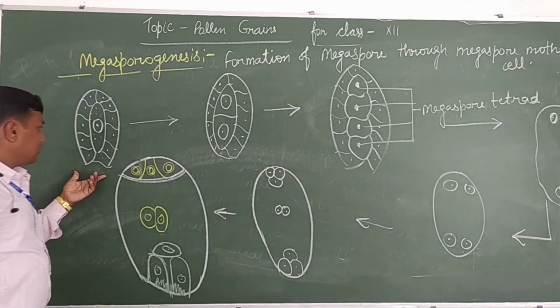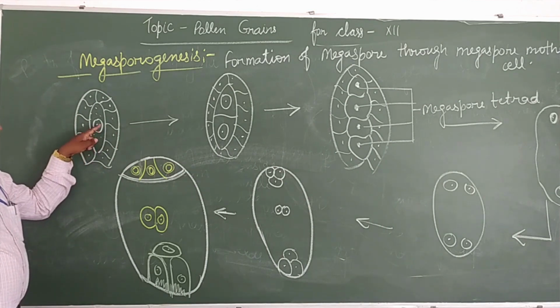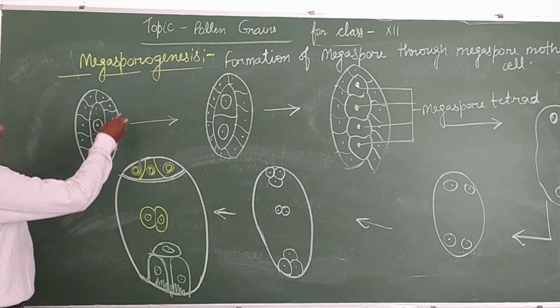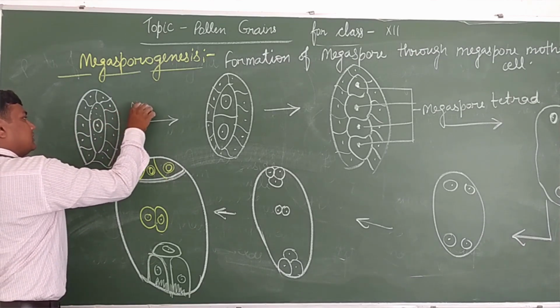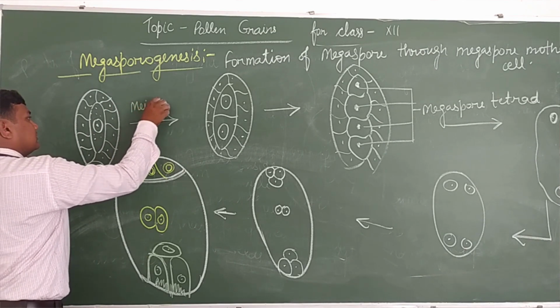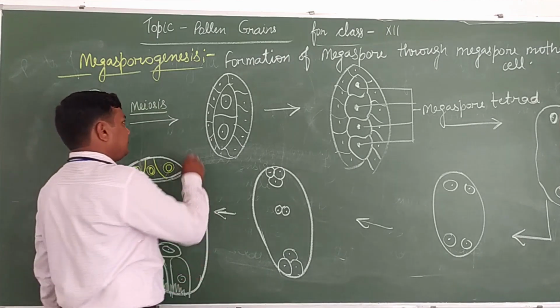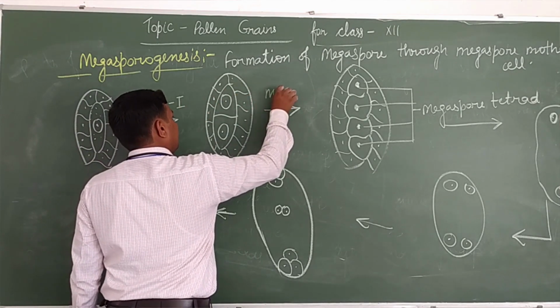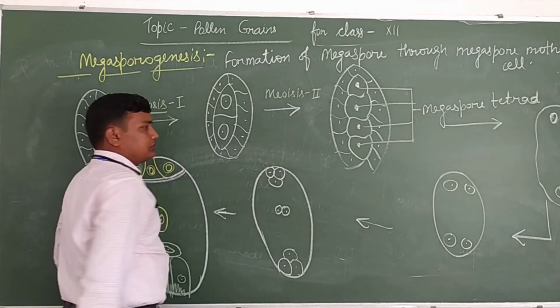This is the structure of the embryo sac, where inside the embryo sac one cell is there, and through meiosis it divides into a two cell structure. This is meiosis 1, and now meiosis 2.